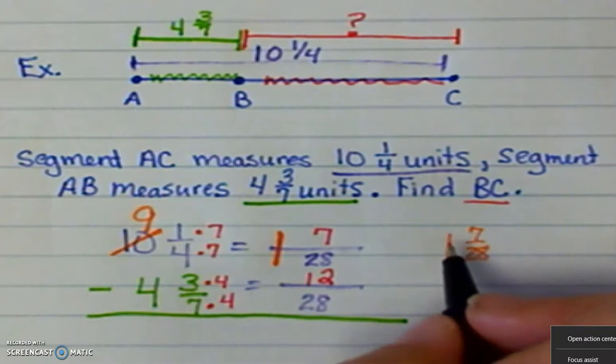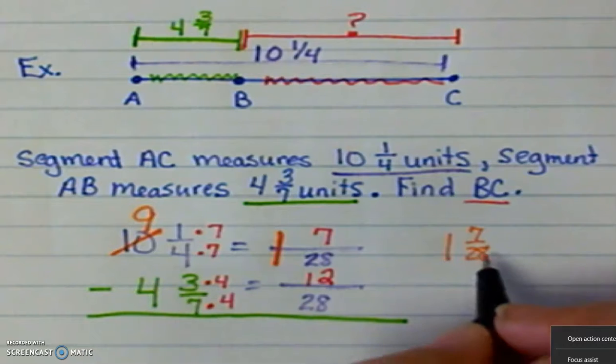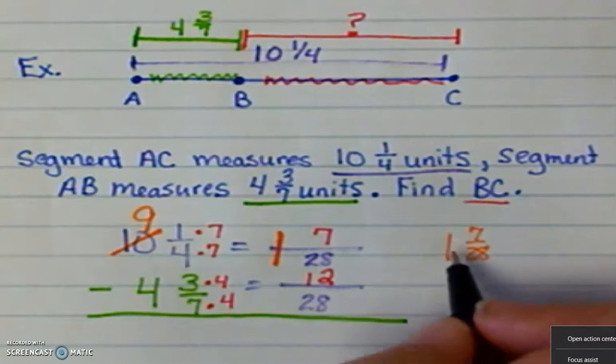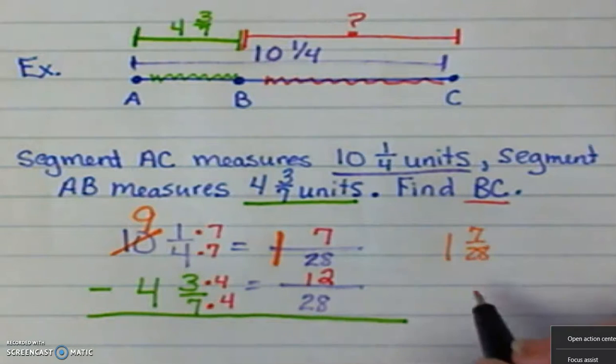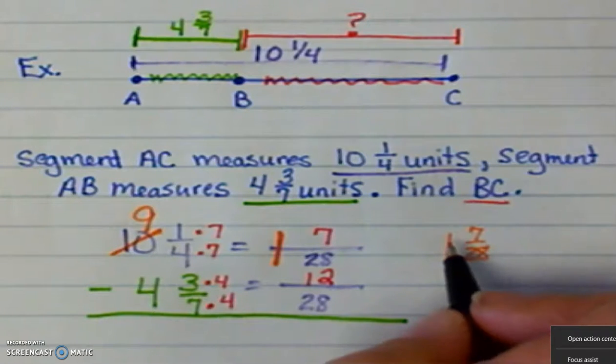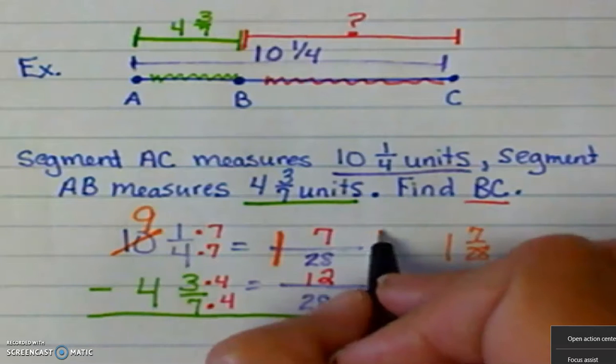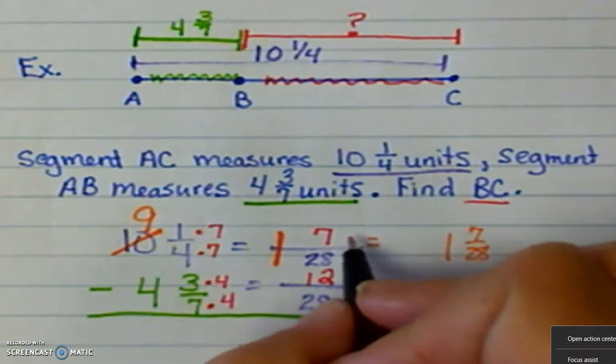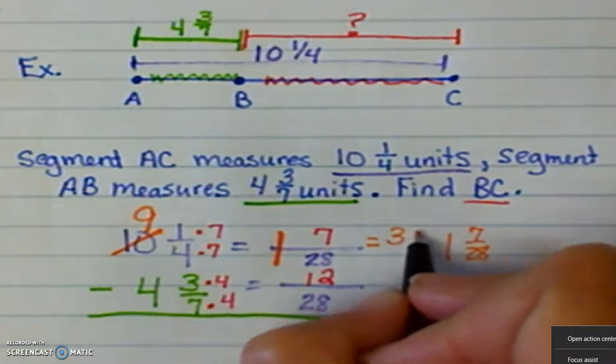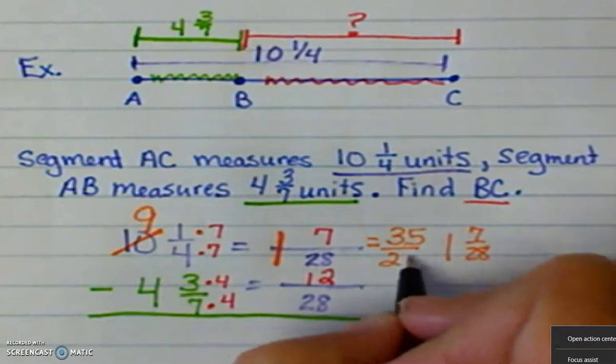If I take the whole and split it into those pieces, I'm going to have 28 of them. That's why you multiply these together, and then I add 7. So 28 times 1 is 28, plus 7 gives you 35. So when I borrow, I get 35 over 28.